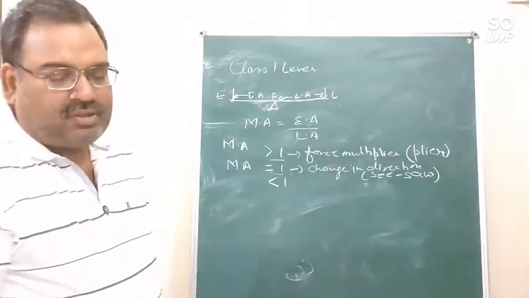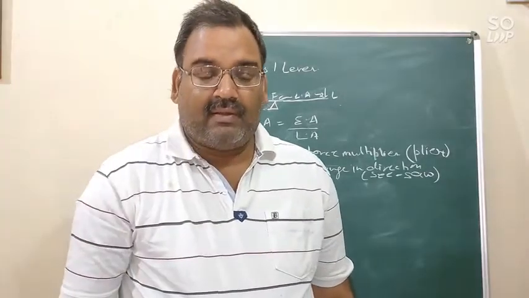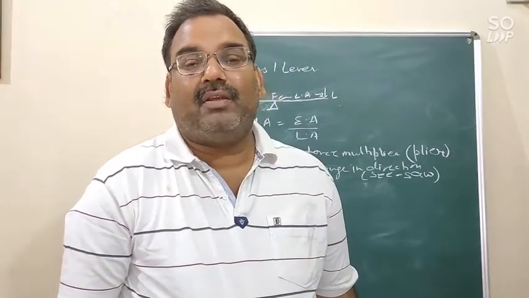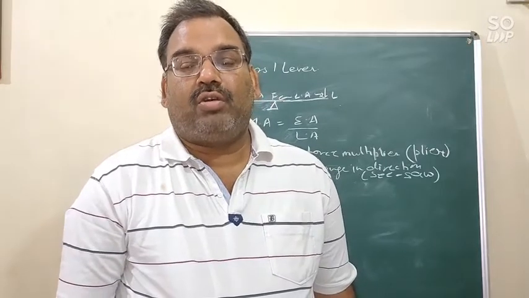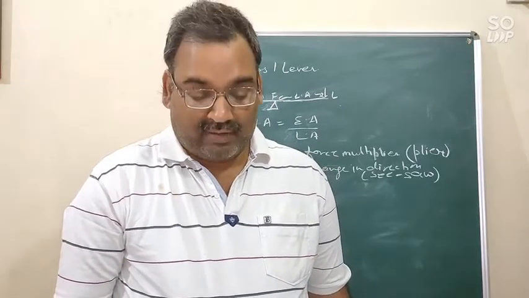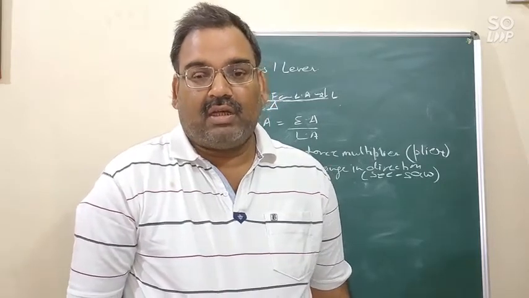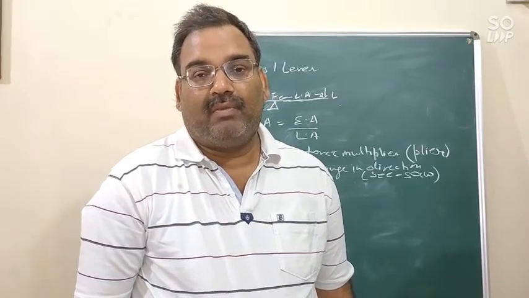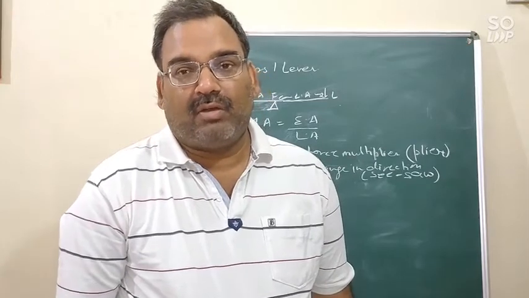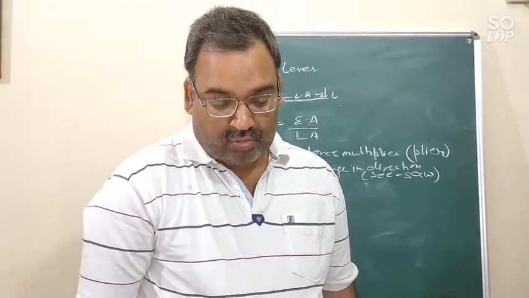You must have seen the seesaw. The length of the plank is equal on both the sides of the fulcrum. So the effort arm is equal to the load arm. So mechanical advantage is equal to 1.